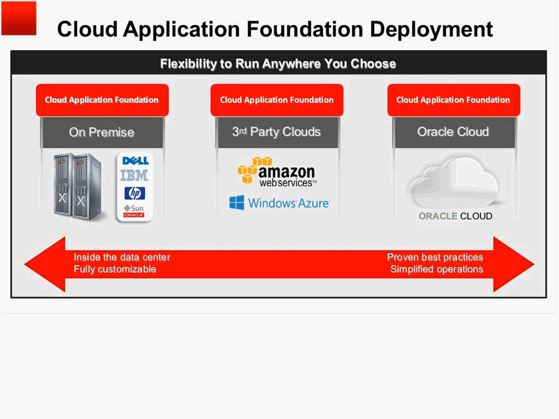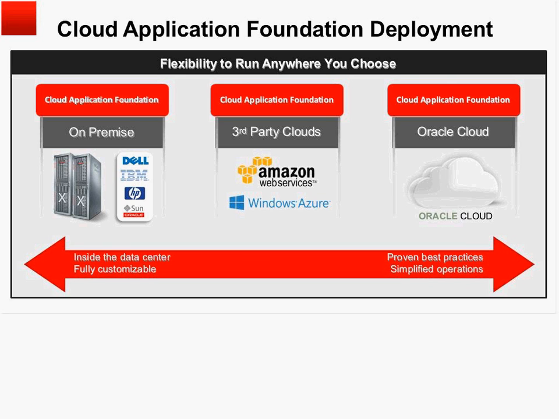There's a set of workload-specific appliances, and then, of course, we fully support conventional hardware inside your data center. And to a large degree, when you run in this environment, when you use the Cloud Application Foundation, you have full customization to your environment fully available.